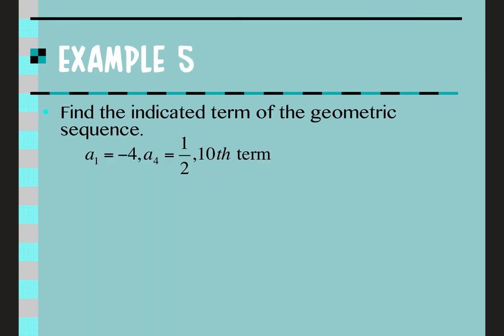All right, example 5, find the indicated term of the geometric sequence. This time, this is where it gets weird because we are jumping terms, okay? All right, so now we have the first term and we have the 4th term, right? And it wants the 10th term. So to find the 10th term, I want to find the equation. To find the equation, I need A1 and I need R. The only thing you have right now is A1, right?